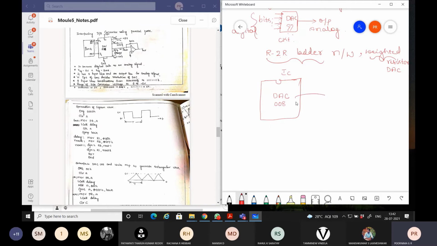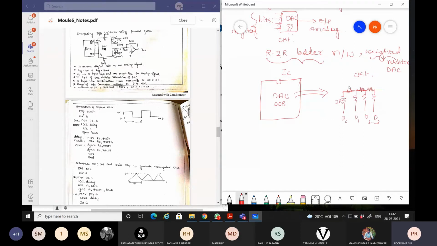Basically, when you expand this DAC for its circuit, it may be an R-2R ladder network. Suppose you have 4 bits of data, D0, D1, D2, D3, and you connect all these bits through the resistors.